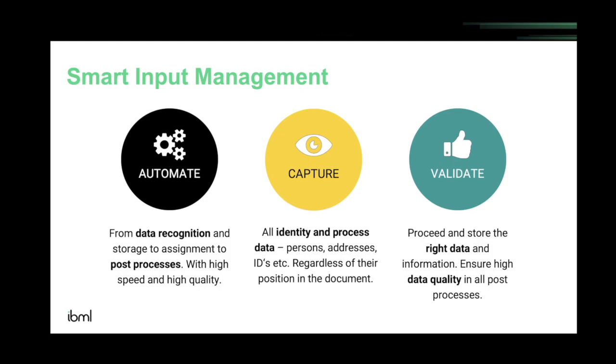From data recognition and storage to assignment to post processes, we have a technology that can help you identify entities, identities, and process data in different forms of fashion to help you optimize your validation processes and to a good bit automate them really well. Finding the right data and providing high data quality for all post processes.